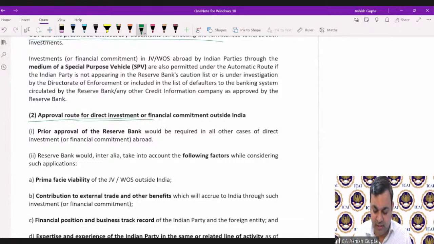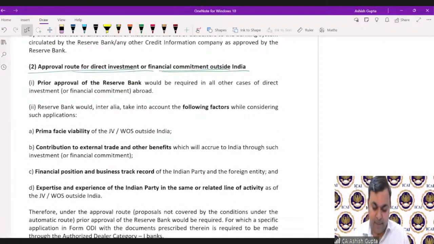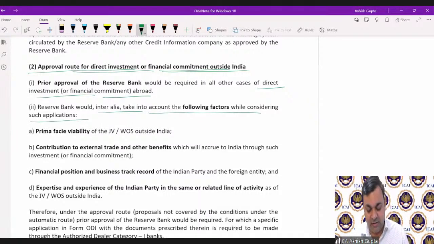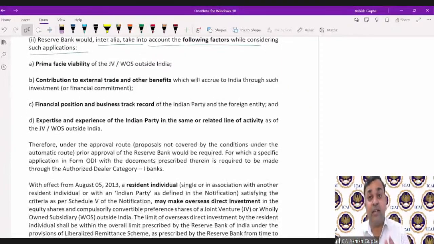Approval route for direct investment or financial commitment outside India. Under the approval route, prior approval of the Reserve Bank would be required in all cases of direct investment or financial commitment abroad. RBI would inter alia take into account the following factors while considering the application: prima facie viability of the overseas project, financial position of both companies, experience of your company.